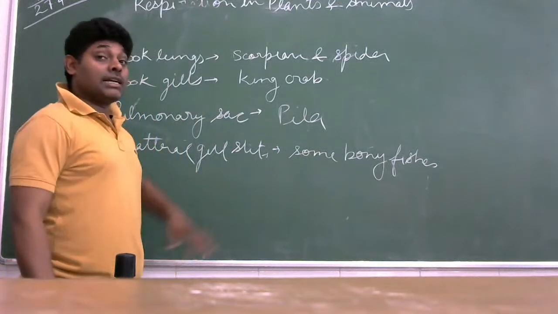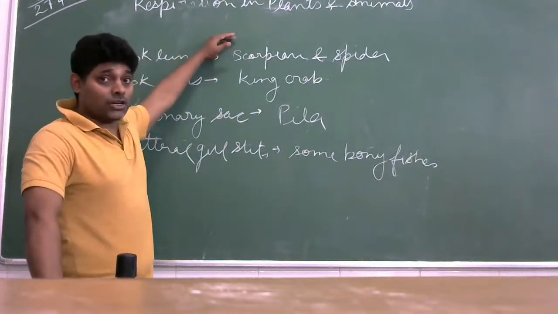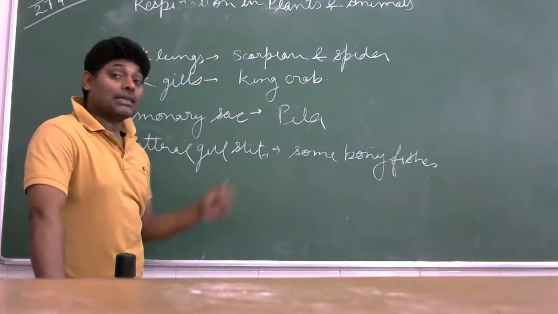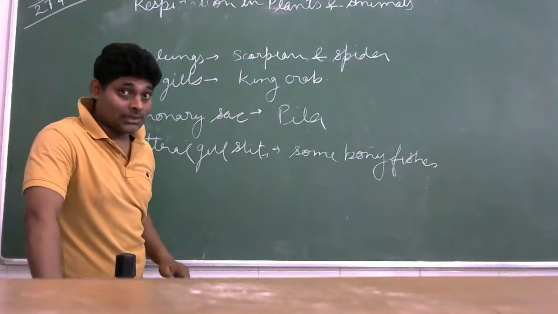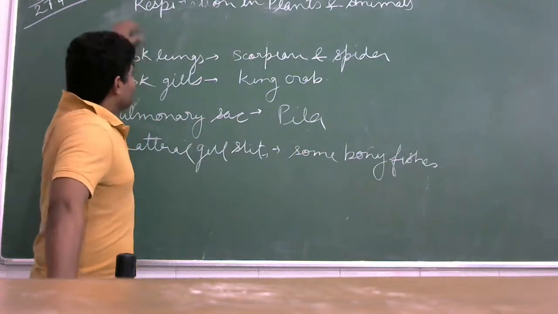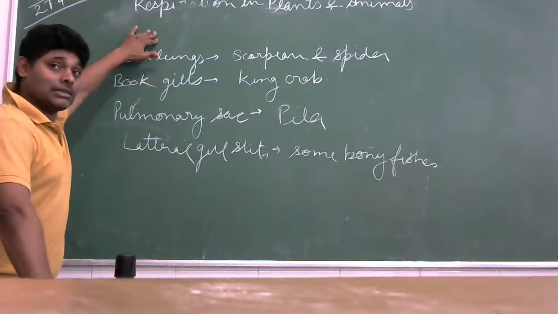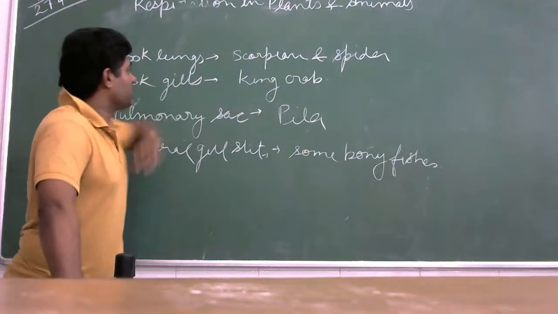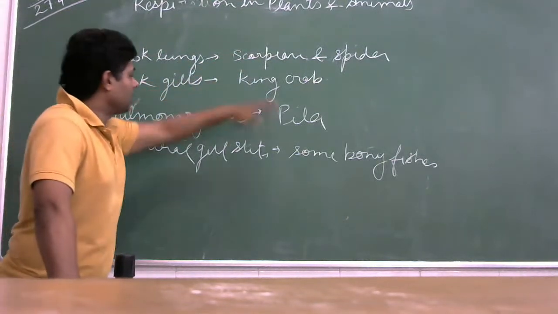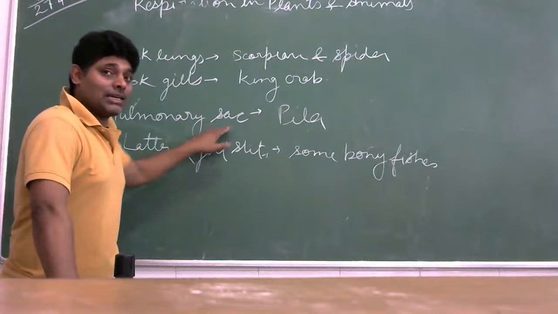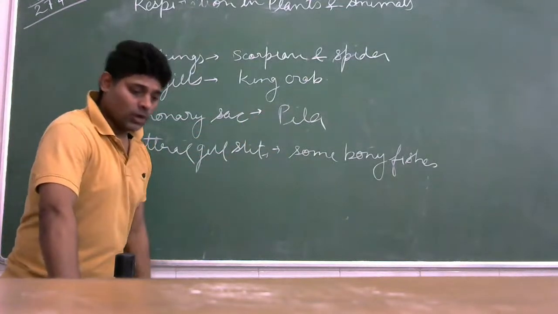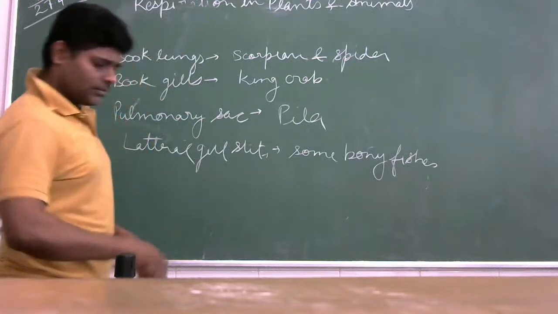So we have studied that skin acts as the respiratory organ, skin, gills, lungs, trachea or spiracles, and there are certain other important respiratory organs like book lungs in scorpions and spiders, book gills in king crab, pulmonary sac in Pila, lateral gill slits in some bony fishes.